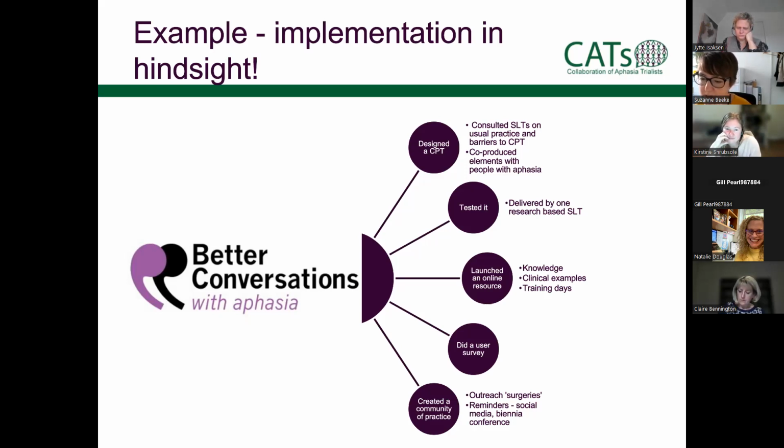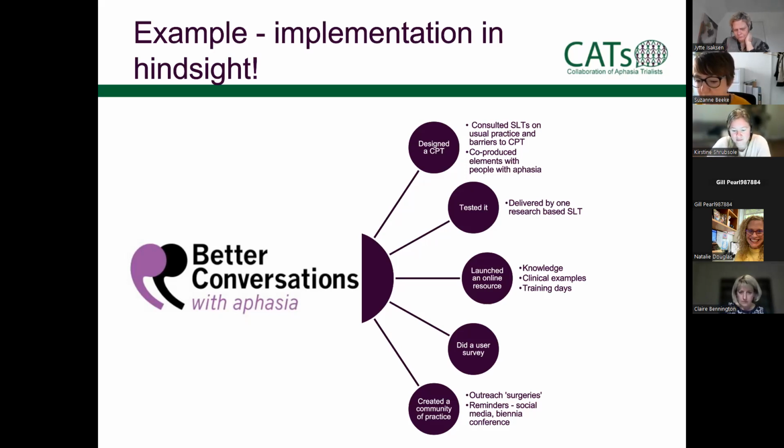So what I've done here is just laid out what we did, maybe in a more traditional way. This project was set up to design a communication partner training and to then test it, and then to launch an online resource that was linked to that intervention and also included resources about how to use it. We have over the years also done a user survey. So we did an online survey of people using the online resource, using Better Conversations with Aphasia.